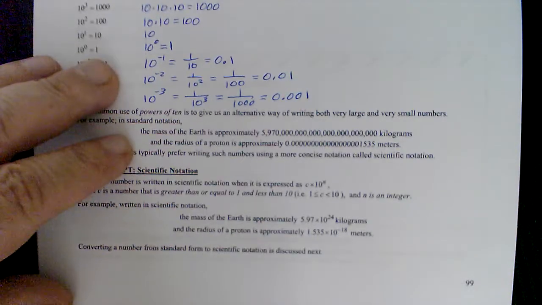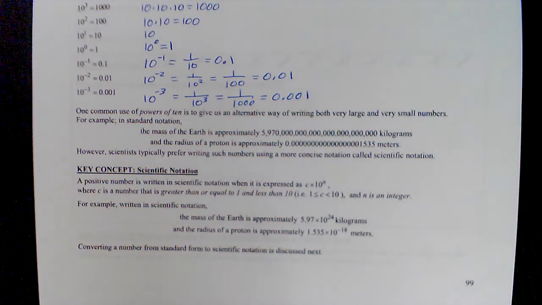Turns out there are some really, really big numbers in the scientific world, as well as some really, really small numbers. For example, the mass of the Earth: 5.97 times 10 to the 24th kilograms, or the radius of a proton, a really, really small number: 1.535 times 10 to the negative 18th meters.